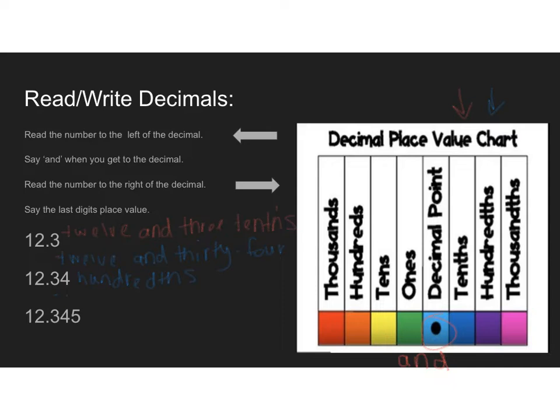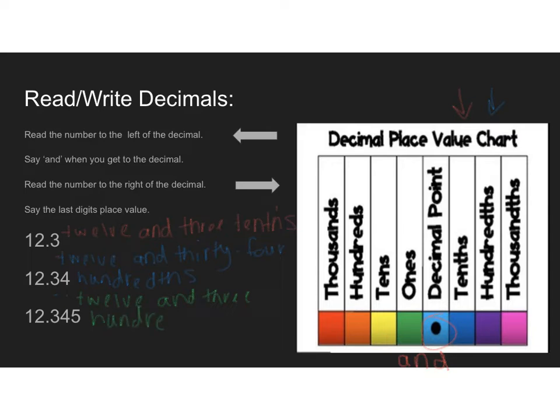All right. And our last one, I'm pretty sure you probably know where I'm going with this. Again, we're starting with 12 "and," because I'm at the decimal, and then I would read that number as if there were no decimal. It's 345.